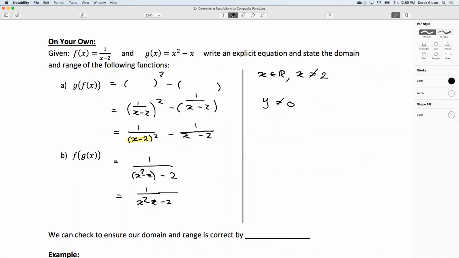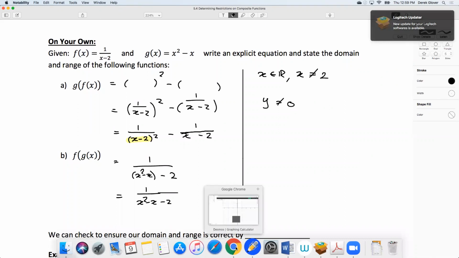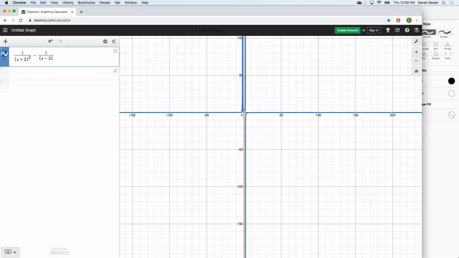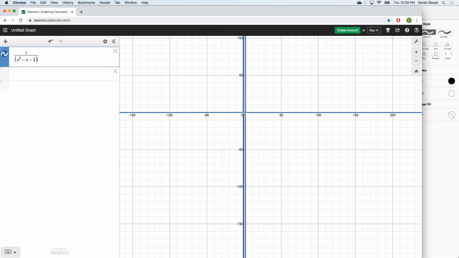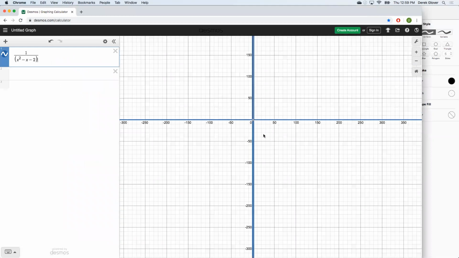And it might not factor nicely. We can use the quadratic formula to do it by hand, but we can graph it as well. 1 over x squared minus x minus 2. It looks like this.